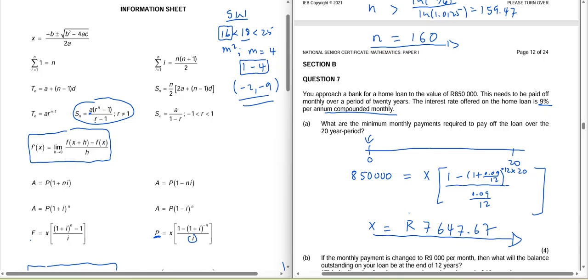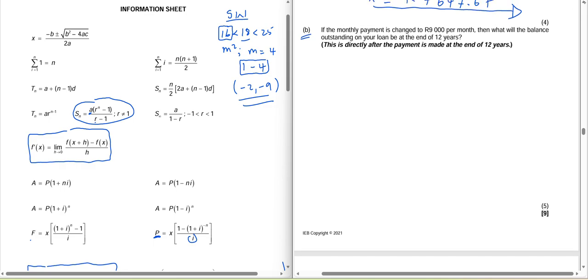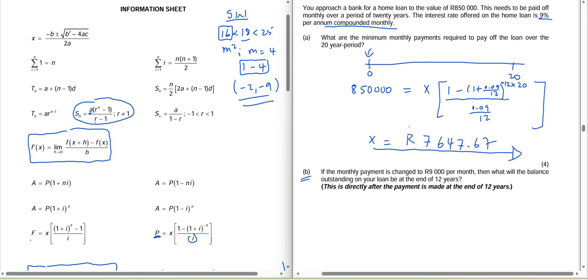Now let's go to the last part, which is B. If the monthly payment is changed to 9,000. So it means what's happening here is you're paying on a monthly basis your 7,000, right?